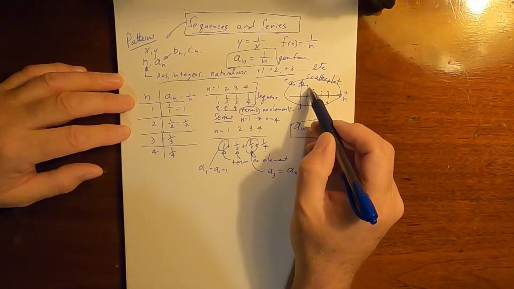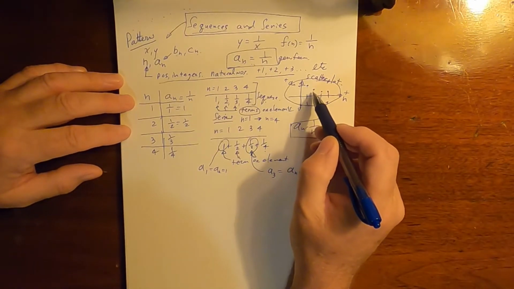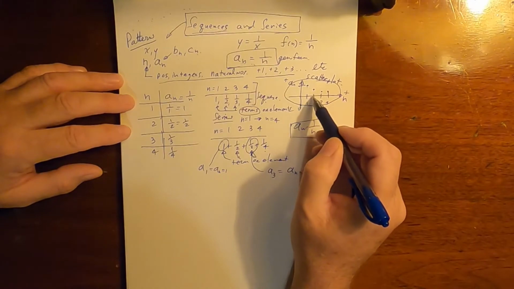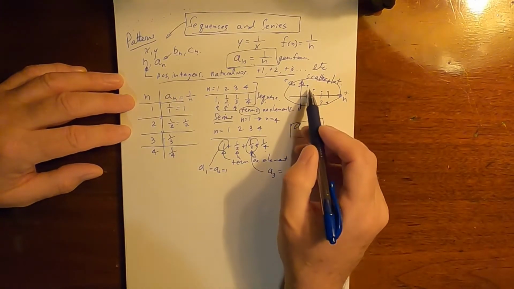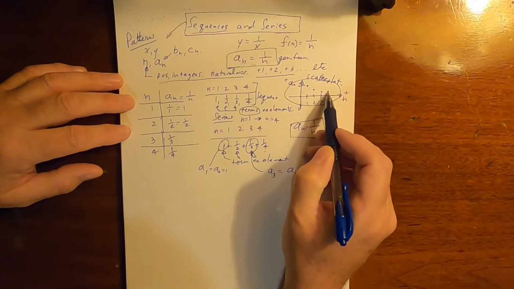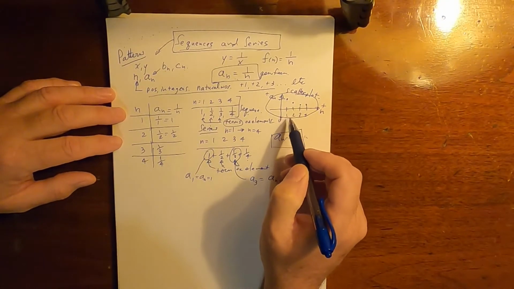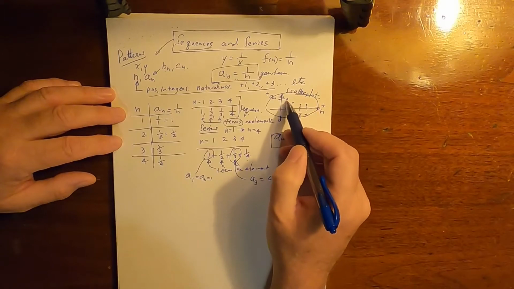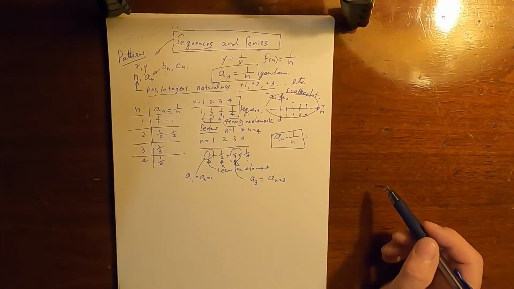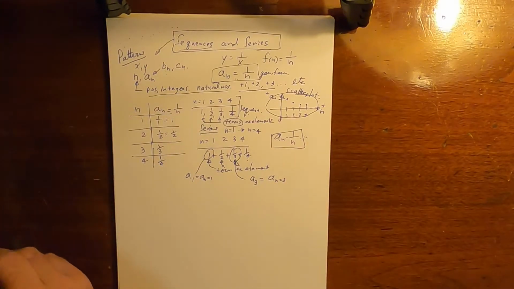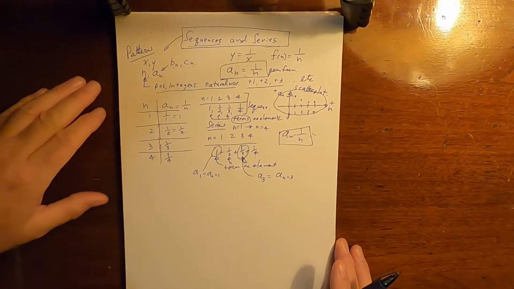There's no value of y or no value of x between these integers, so you have no data on that. You're just dealing with the whole numbers, the natural numbers here, and you're getting points along the way. So in general, that's what's going on here.